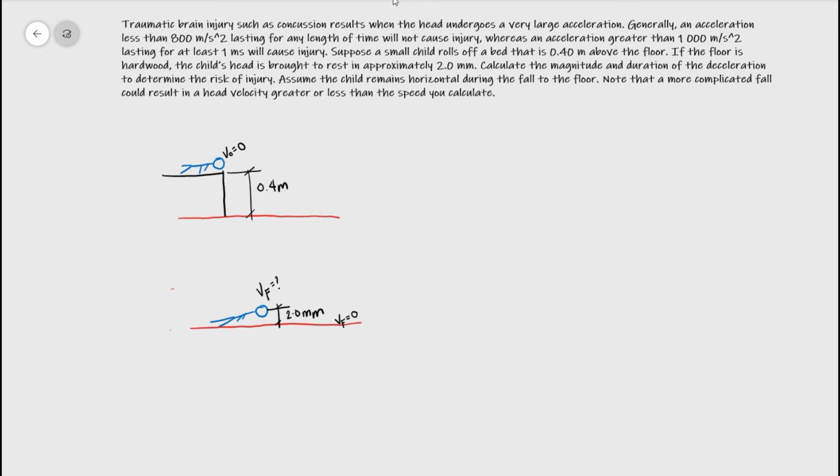Now first, let's get the condition wherein the child falls from the bed. Our initial velocity is equal to 0, and the height of the bed is y equal to 0.4 meters.